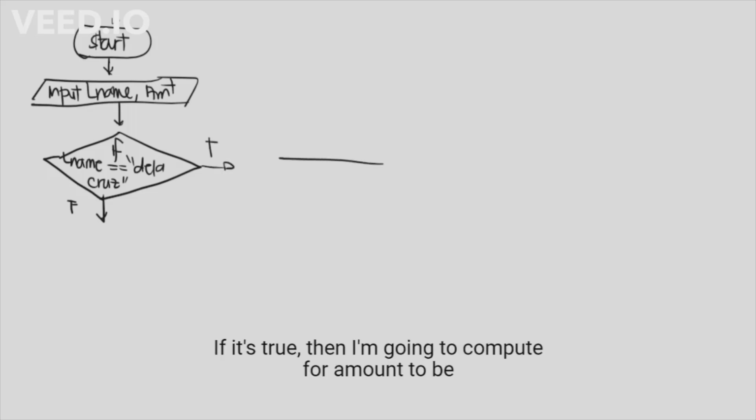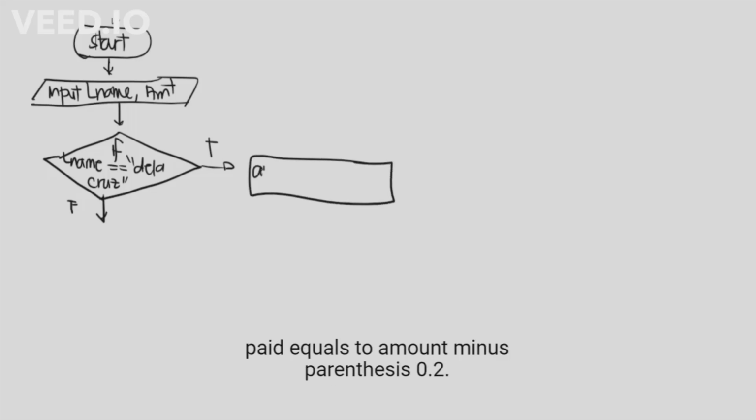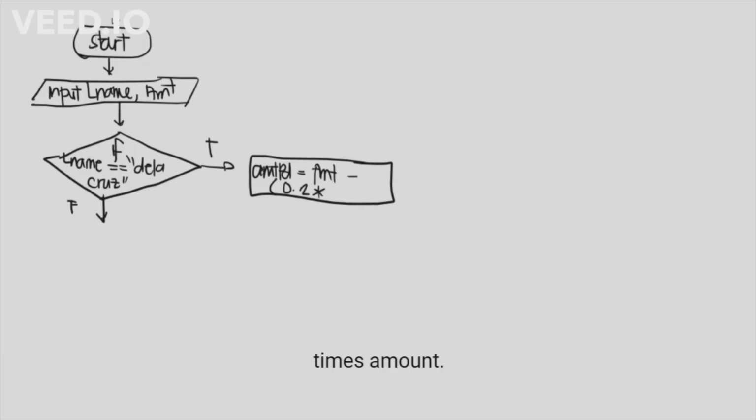If it's true, then I'm going to compute for the amount to be paid equals to amount minus parentheses 0.2 times amount.